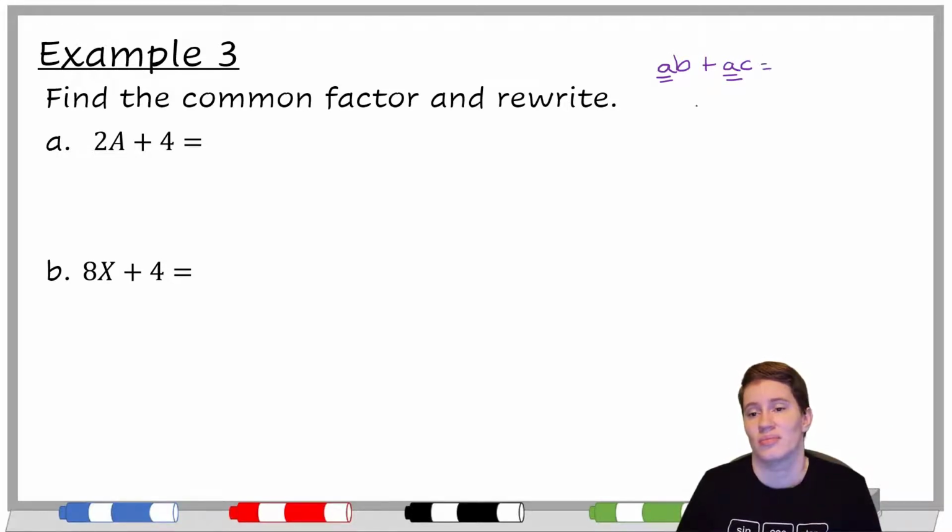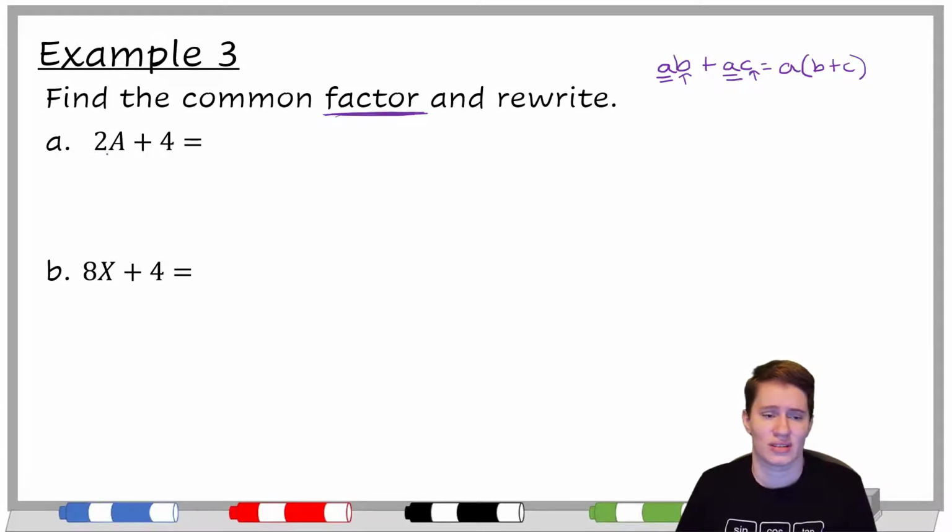So we can also go the other direction basically and say, hey, if there is a common thing here, I can write down that common thing outside a set of parentheses. Inside put what's left over if I take out the common thing. And basically it's like a reverse distributive property. We actually call it factoring. And that's something that we'll do a lot of in Algebra 1.